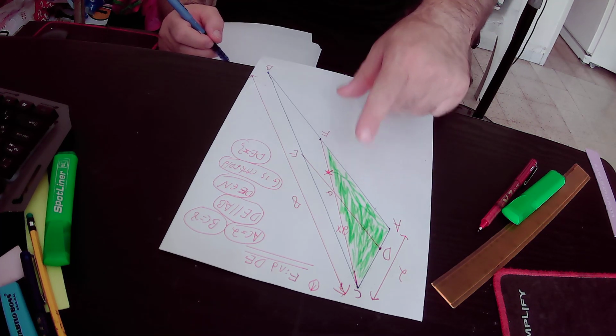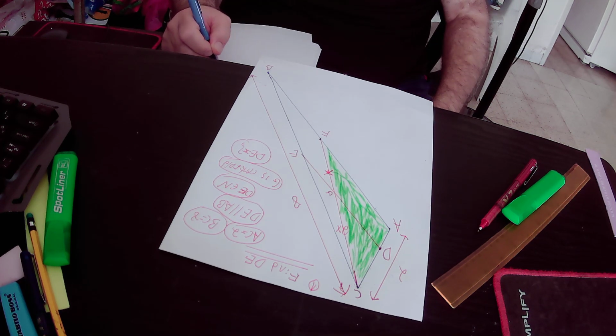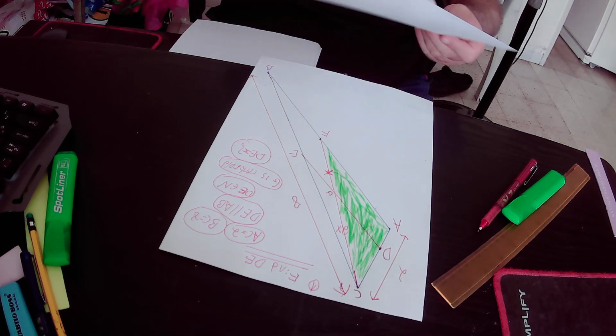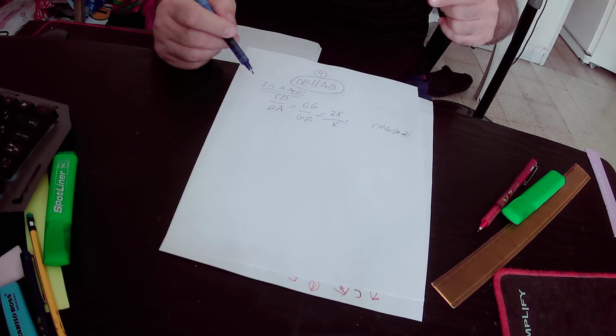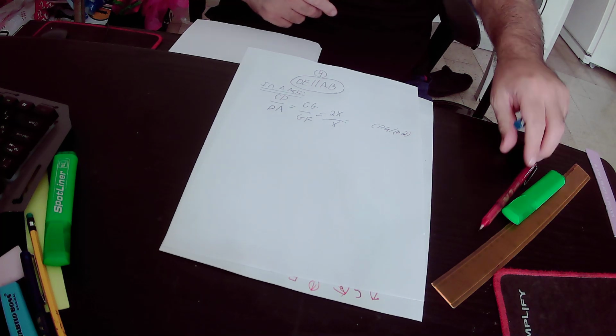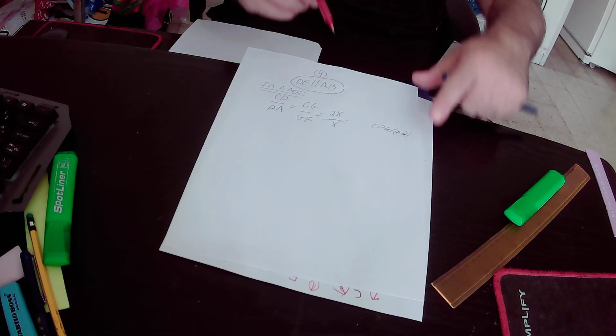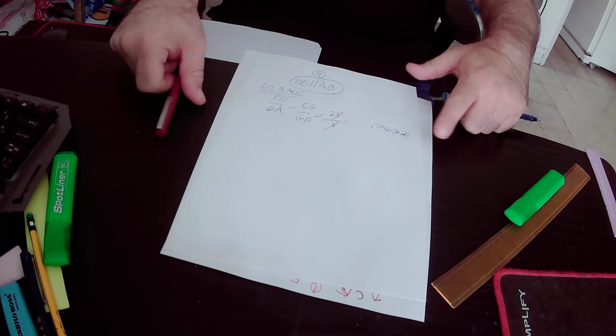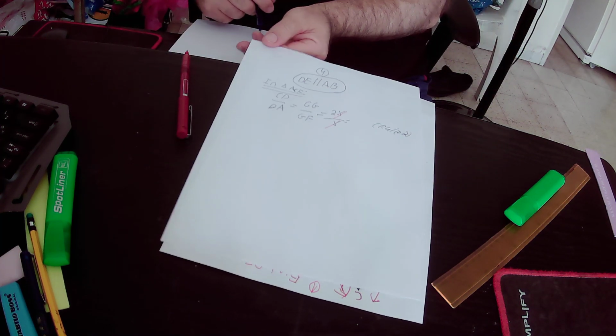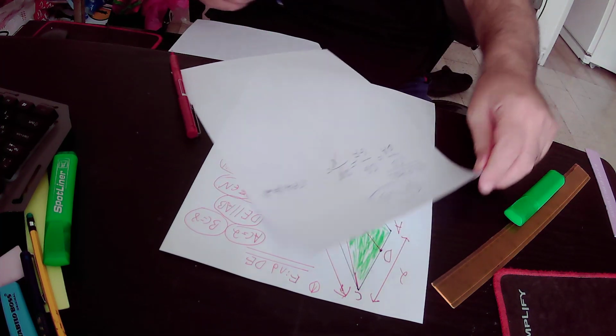GF equals x. So we got that CD over DA equals 2x over x. X over x is 1, so x will get cancelled. So what is left is 2.